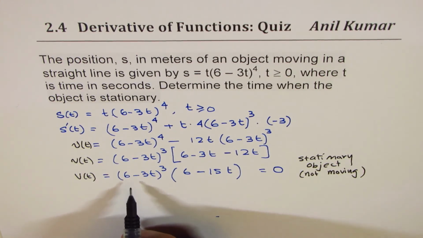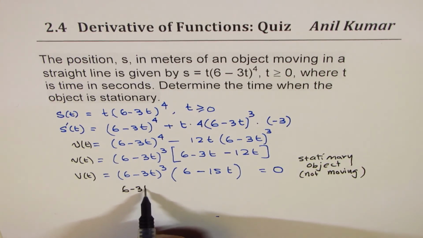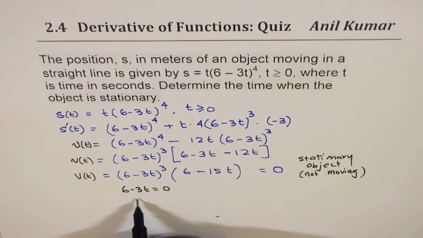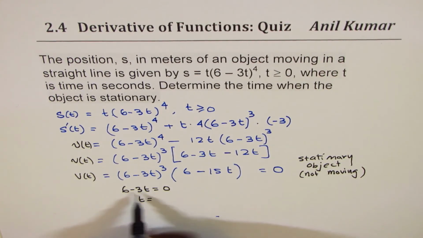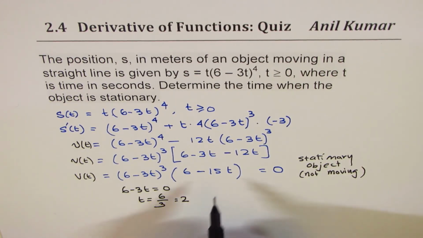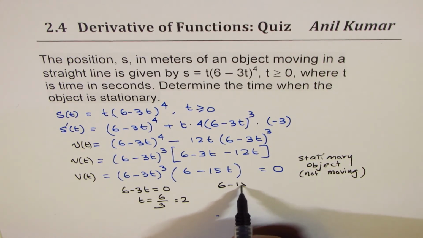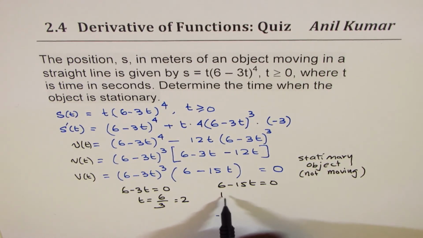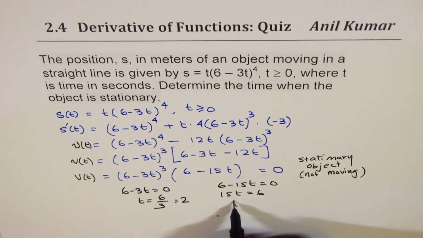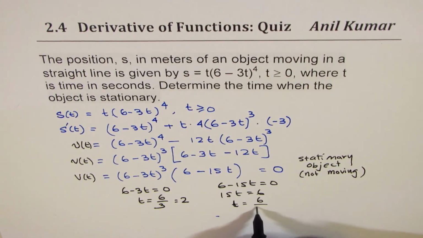For the first one, 6 minus 3t equals 0, means that t equals 6 divided by 3, or 2. So that is one value. The other one to be 0 is 6 minus 15t equals 0, means 15t equals 6. So now it can be solved. T equals 6 over 15, right? So these are the two times.